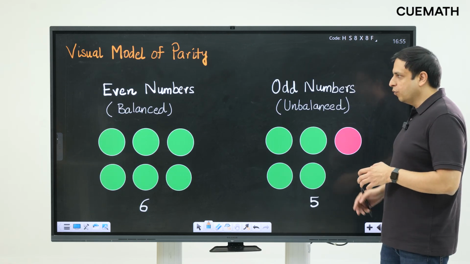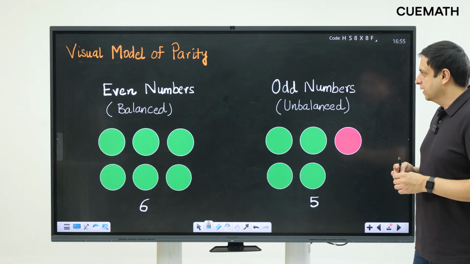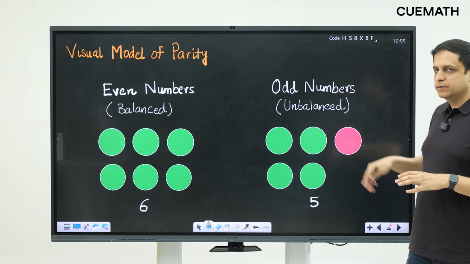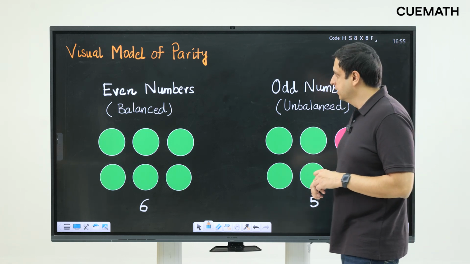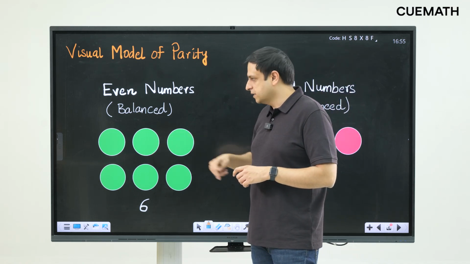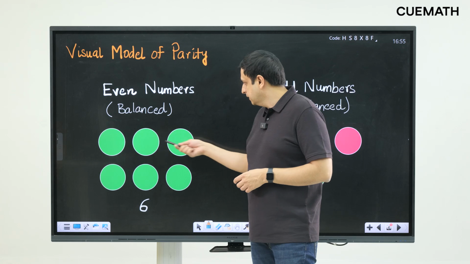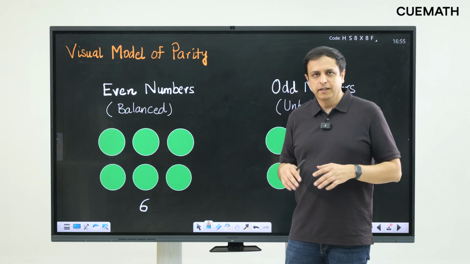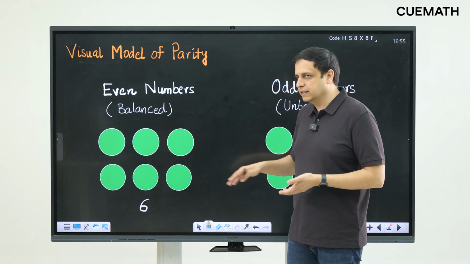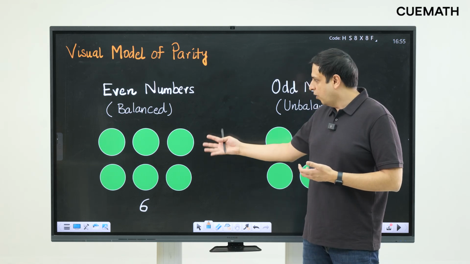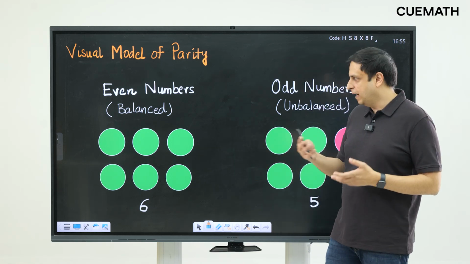straightforward. But what I really want to focus on and get you to visualize is this visual model of parity. So, look at this model here, which is the parity model for the number 6. You have 3 circles here and 3 circles here. So, it is a balanced model, 3 and 3 together make 6, and for every even number, this model, the parity model, will be balanced.